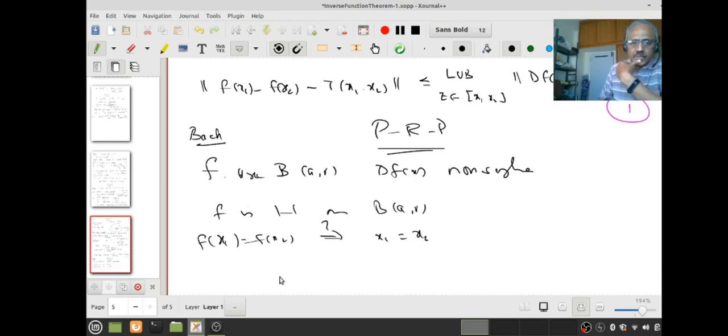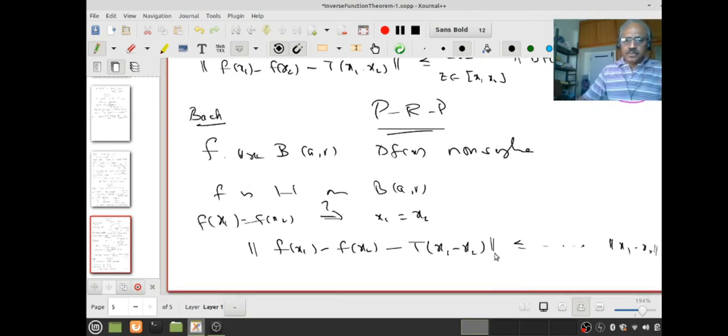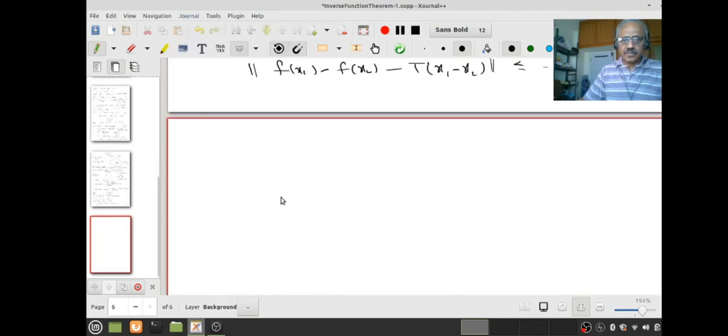Let's look at this inequality. What do I have? Norm of f(x1) minus f(x2) minus T of (x1 minus x2), for any T, at present I do not know what is my T, is less than or equal to LUB of something times norm of x1 minus x2, right? Now look at this carefully.